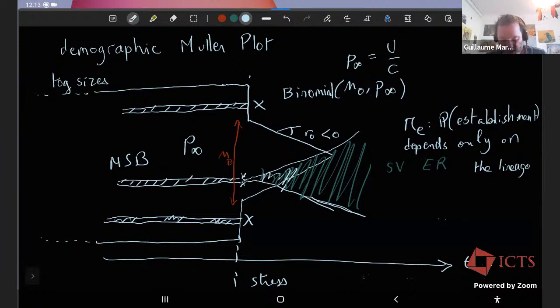And so I have to weight the success, the number of mutants, by the proportion of those that will, on top of that, avoid stochastic loss when rare, so that they can contribute in the long term. This probability of establishment is the probability to be a non-zero population starting from a single copy. But it depends on time. Initially, of course, your probability is 1. You're sure to be here a few seconds after you were here before.